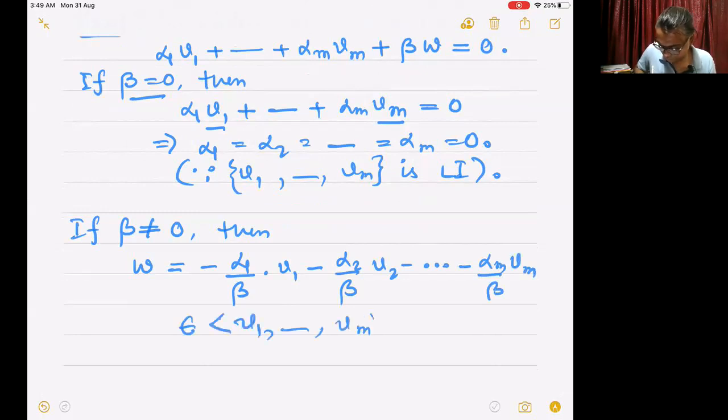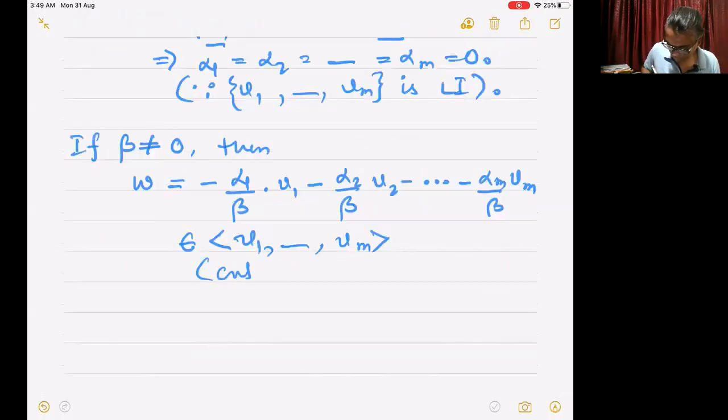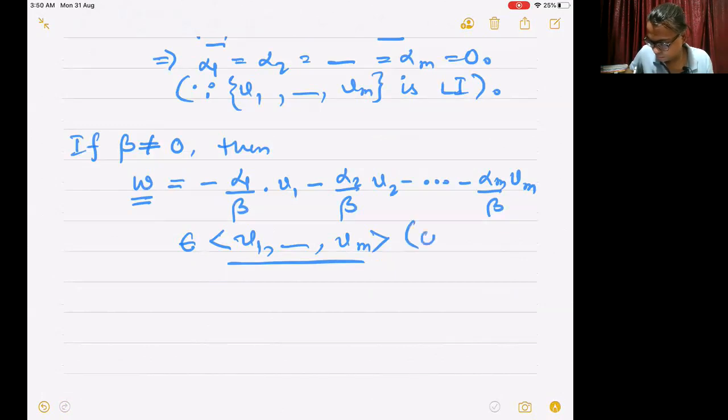But that's a contradiction, because I am assuming that w is not in that span. Yeah, it is a contradiction.